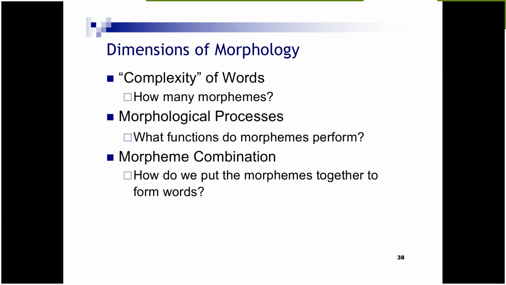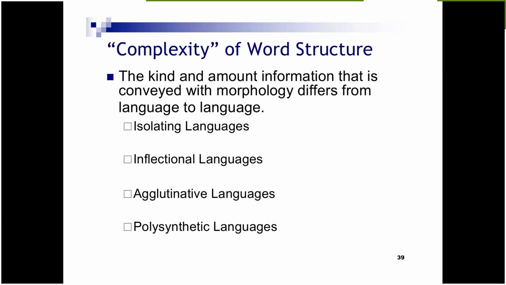Do they convey a tense in a verb? Are they conveying information about gender or other functional utilities in language? And also, how do the morphemes get together? So these questions are addressed in computational morphology, and we will talk more about them as we go forward.